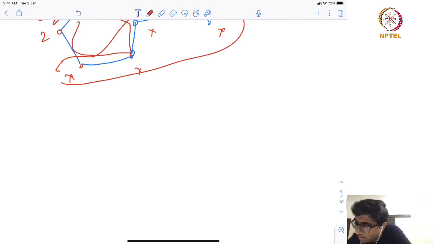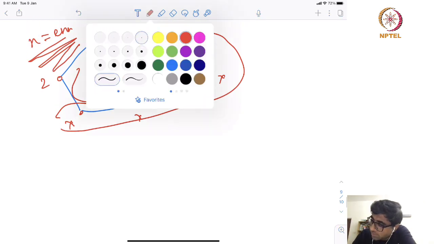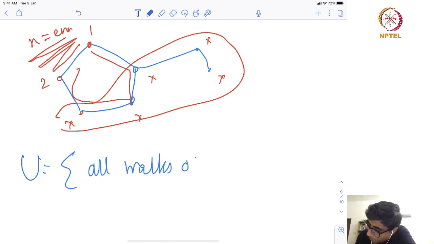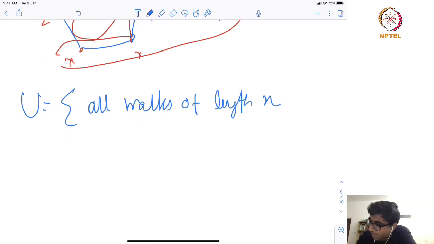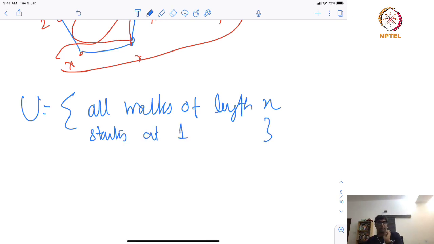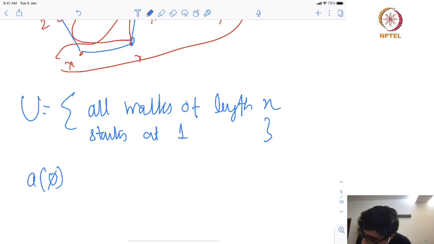So now what is our universe going to be? The universe is going to be all walks of length n starting at 1. So this is my universe. Now notice, what is A of phi?